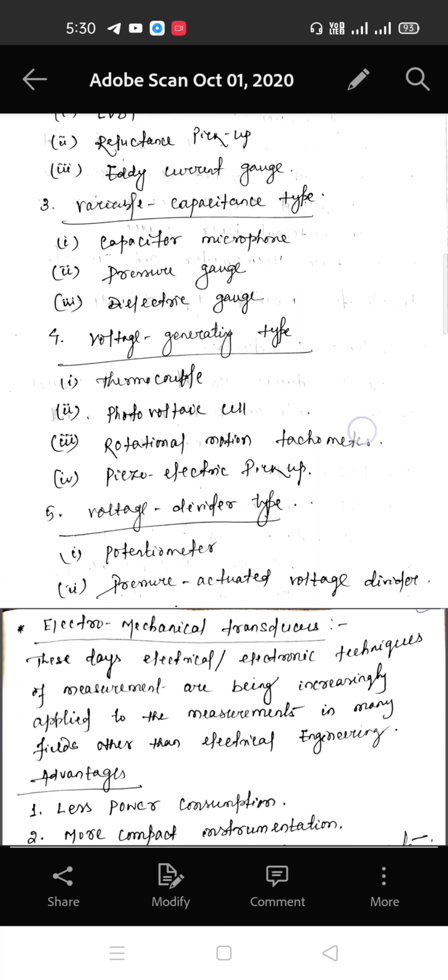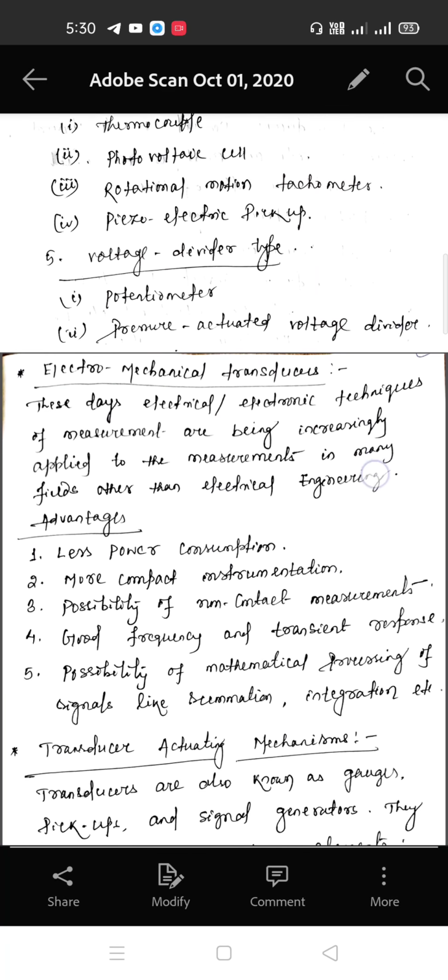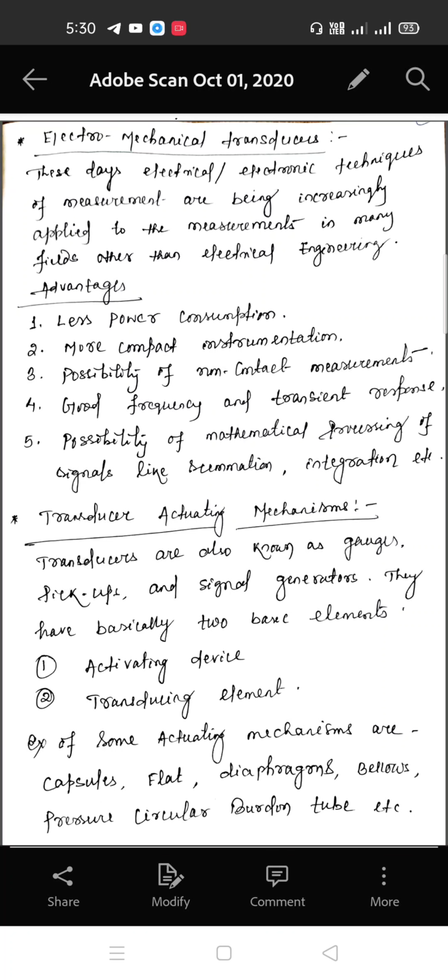Next we will see the electromechanical transducers. Nowadays, electrical or electronic techniques of measurement are increasingly applied to measurements in many fields other than electrical engineering.